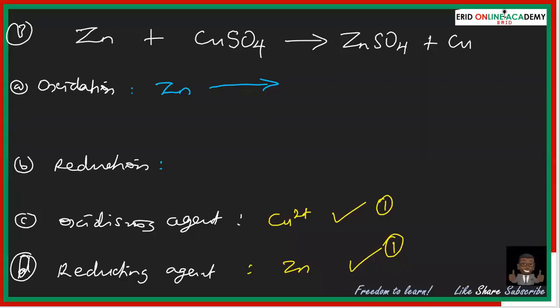Reaction is, okay, let me. Zn arrow Zn2 plus plus 2e.